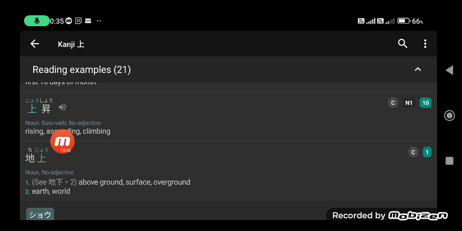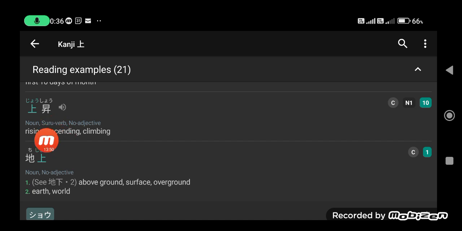I have talked about this before. Not all nouns are capable of being a suru verb. For this case, this is a type of noun that is capable of being a suru verb, meaning you attach suru at the right part of this noun, then readily the resulting term is a verb, or specifically a suru verb.